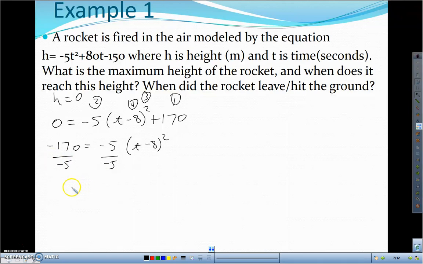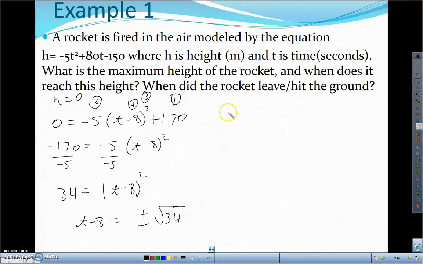Divide by negative 5. It's going to be what? 34. Equal to (t minus 8) squared. Now I'm going to do the square root. So t minus 8 is equal to plus or minus the square root of 34.